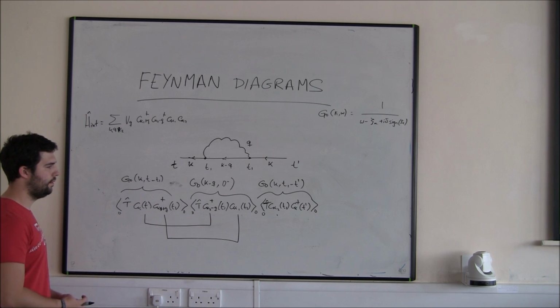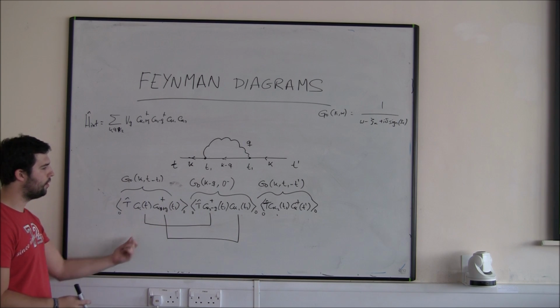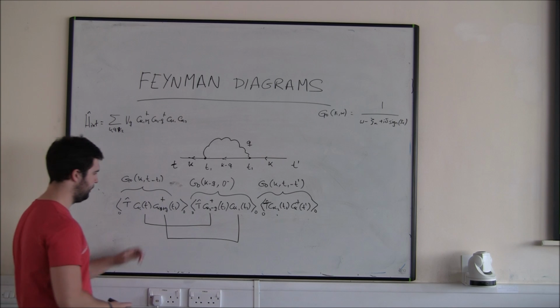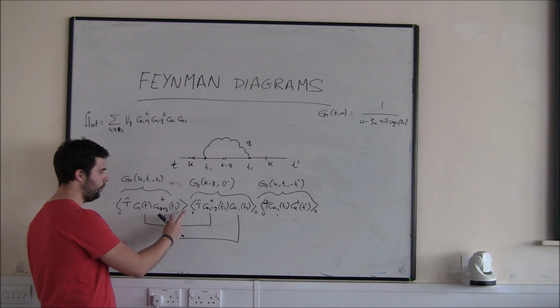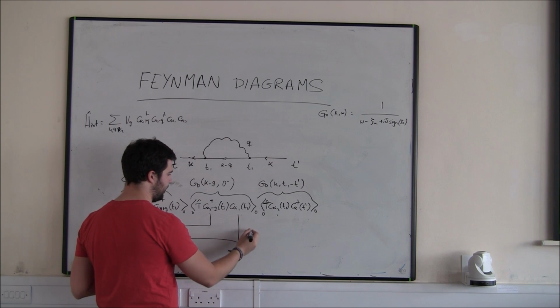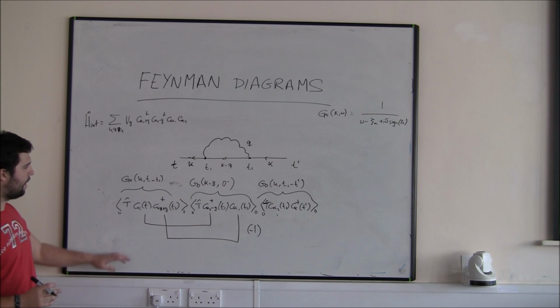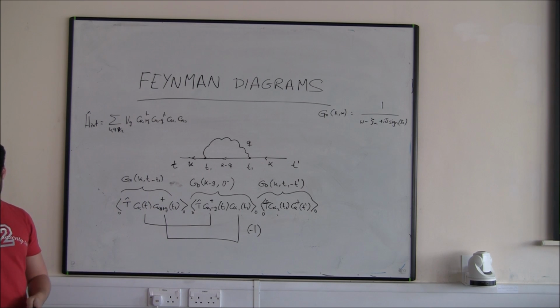Well, then we have another Wick contraction because I can swap the fermionic operators between them. However, remember that if we swap two fermionic operators, there's always a -1 sign appearing because of the anti-commutation relations. So you have to be careful when you do that already.